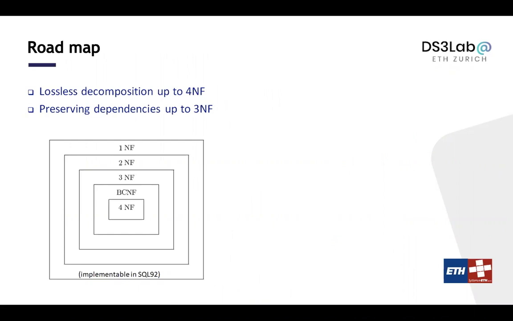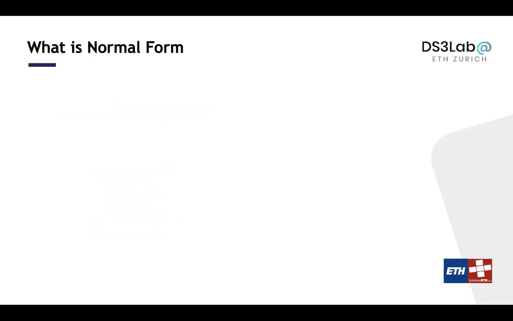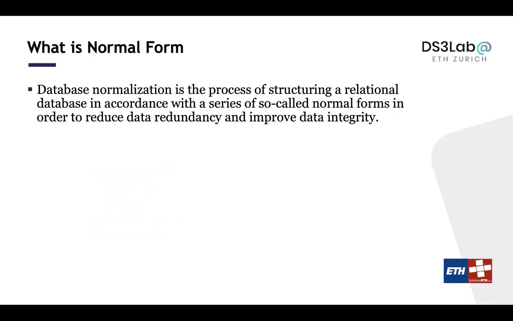There's a hierarchical structure over them, and they try to capture different sources of data redundancy. From the first normal form to BCNF, it tries to deal with the data redundancy caused by functional dependency. And for the fourth normal form, as we talked about this Wednesday, it tries to capture the data redundancy caused by multivalued dependency.